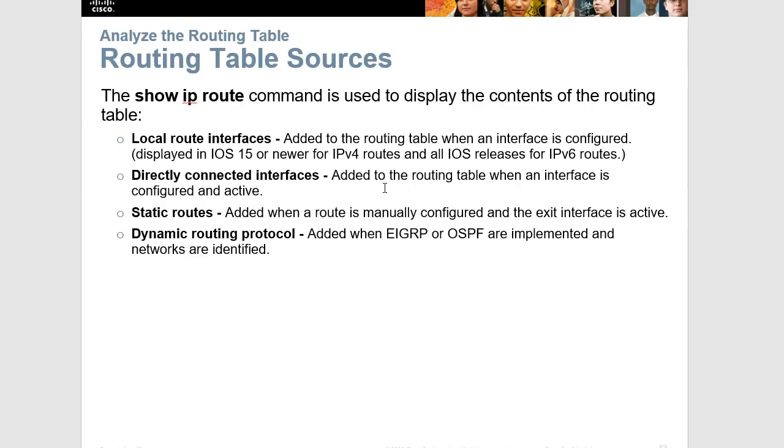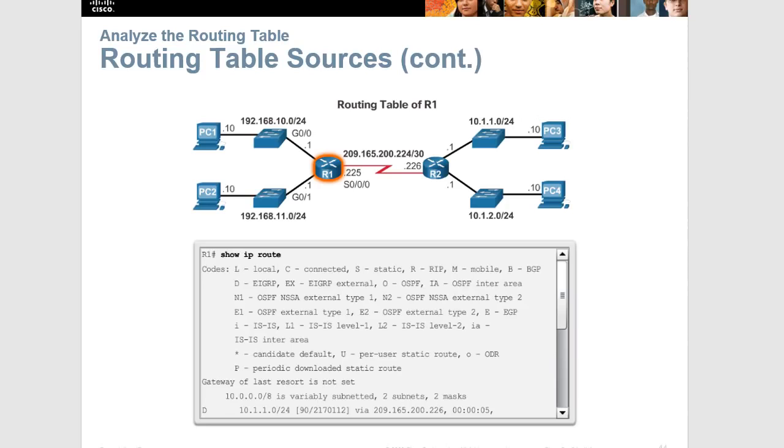Static routes are going to be configured by, well, you. That's what static means in your routes and in your IP addresses, that you manually configured it. Then you have dynamic routes that are learned automatically based on whichever protocol is being used. So if EIGRP or OSPF is implemented, you can learn your routes that way as well.